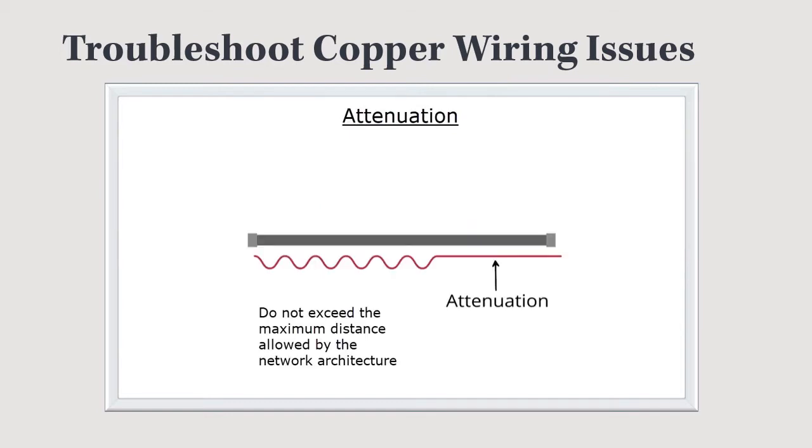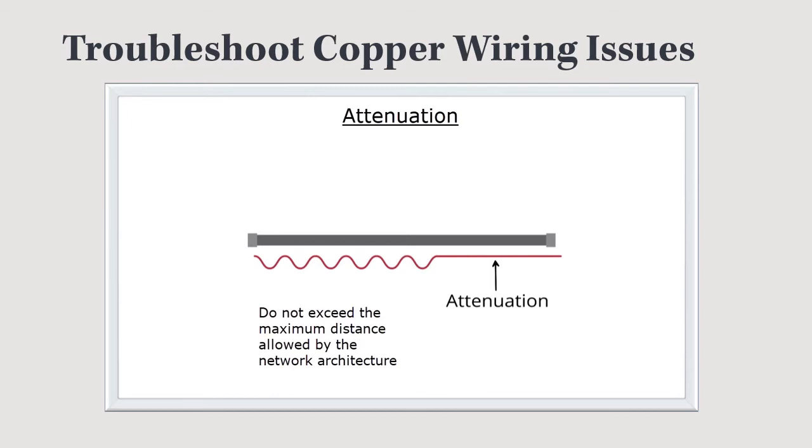Another thing that we have to deal with in copper wires is something called attenuation. Copper is an electric conductor, and so the electricity flows through that wire.